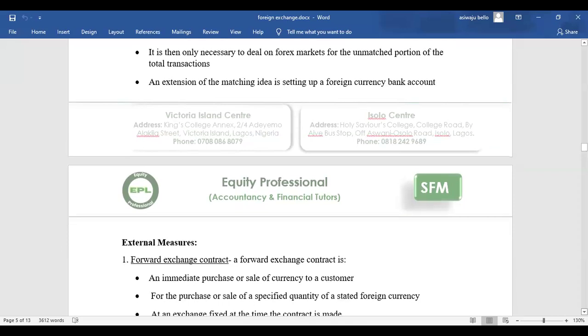Under the external measures, we have the forward market. That is the forward exchange contracts.